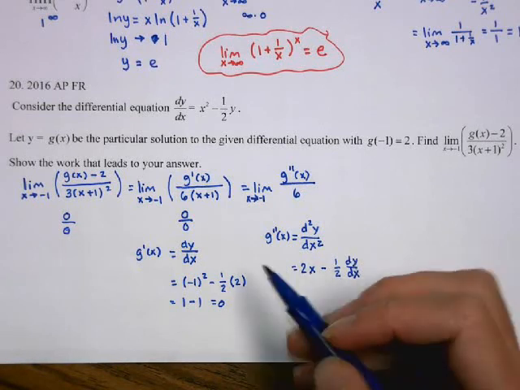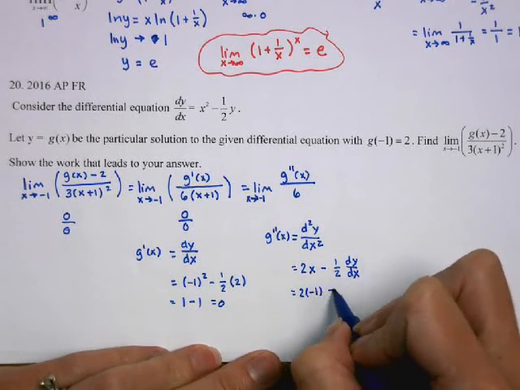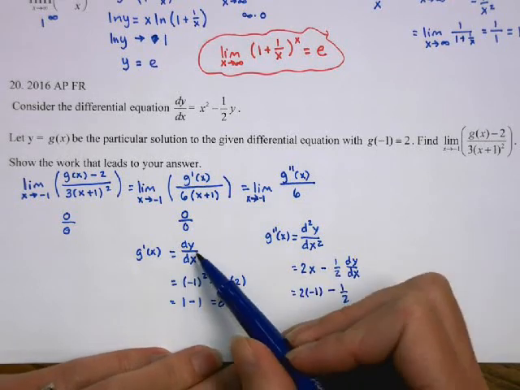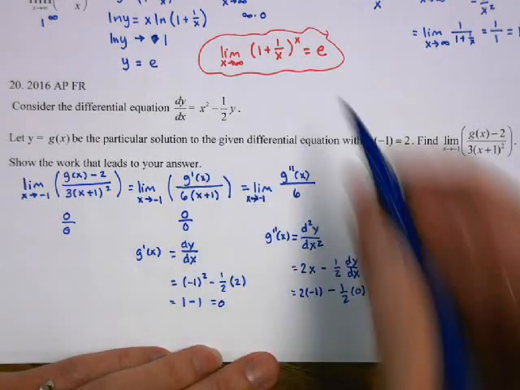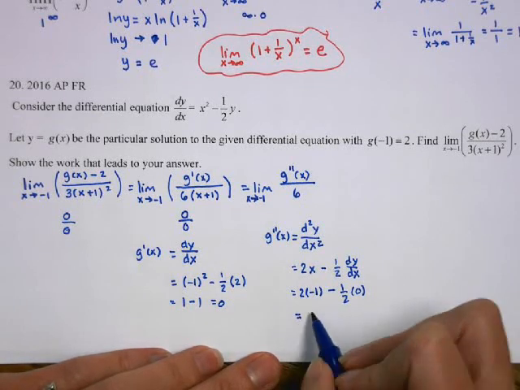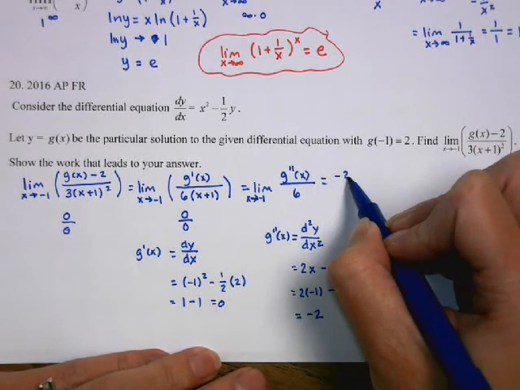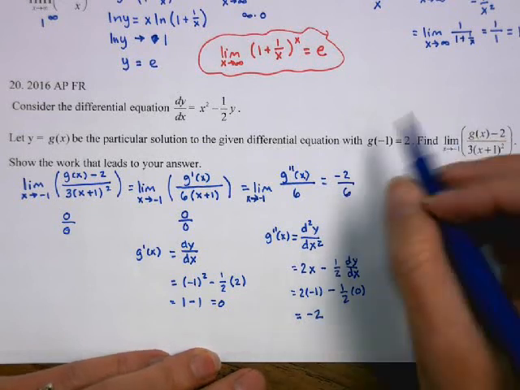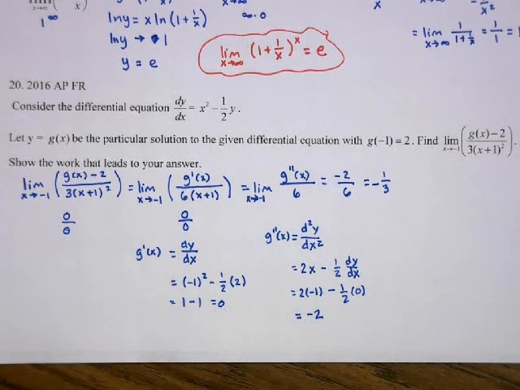I'm evaluating this at the point -1, 2. So this is going to be 2 times -1 minus 1/2. We already know what dy dx is at that spot. It's 0. Or you can plug it in again, but you're still going to get 0. So this second derivative is -2. So this is going to be -2 over 6, which you can leave just like that, or -1/3. So that's an interesting example, an interesting execution of L'Hopital's rule and differential equations.